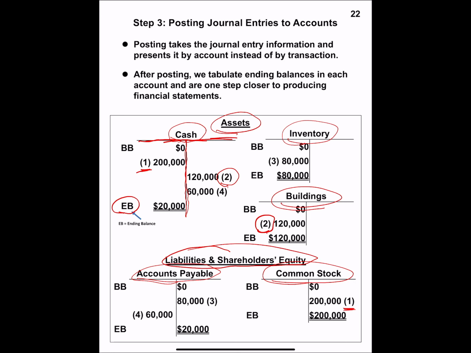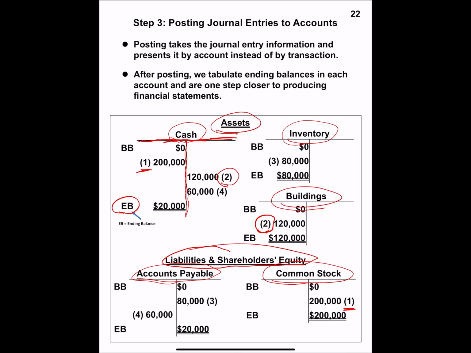To do that, you just add up all your debits and offset them with all your credits in the various accounts. With cash, we see this $200,000 debit offset by $180,000 in credits, leaving us with an ending balance of $20,000 in cash, represented with a debit balance of $20,000.